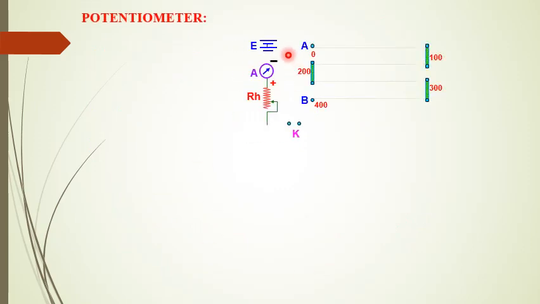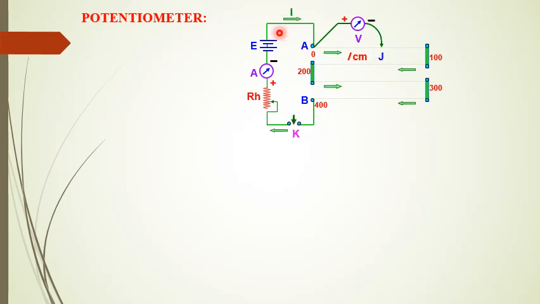Potentiometer. Here we can see in this diagram the arrangement of a potentiometer. Here V is the potential difference, L is the length in centimeter, J is the jockey, and we can see the direction of current through this diagram.